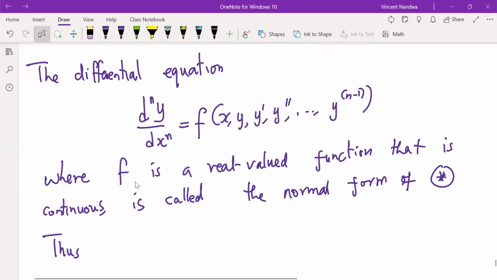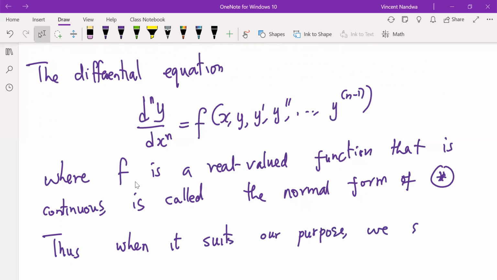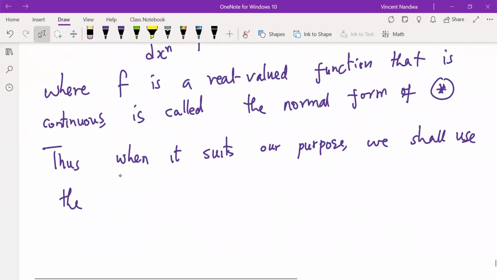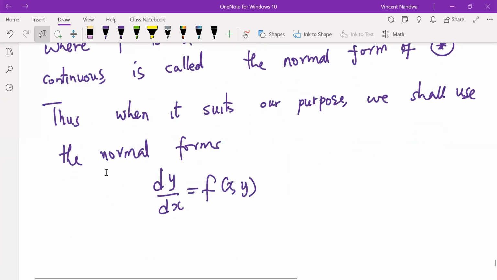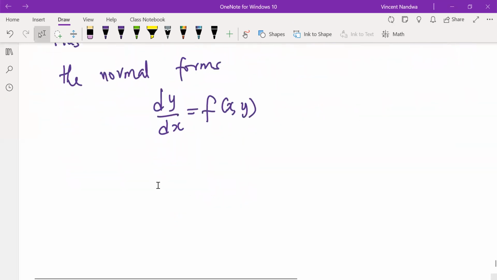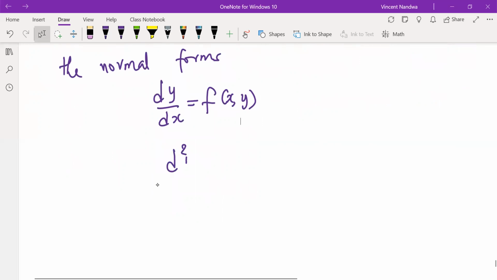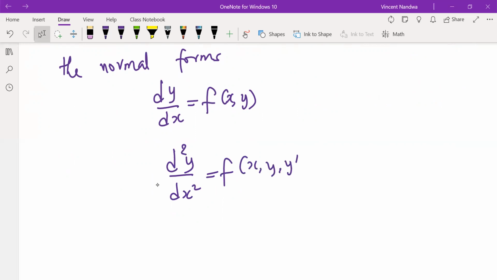Thus, when it suits our purpose, we shall use the normal forms dy/dx equals f of x, y, and we can also say d squared y/dx squared is f of x, y, and then y prime.